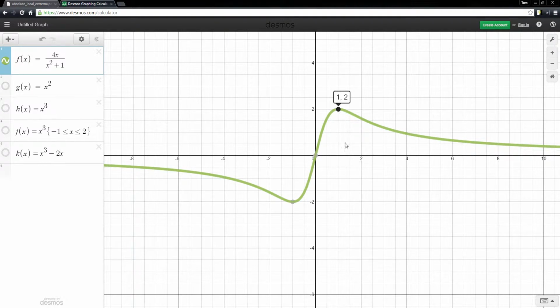And then the absolute minimum is down here, of all the points on the graph on the entire number line. This is the one with the smallest y value, and that is -2. It's the lowest point on the graph, so its y value is called the absolute minimum. So that's it on this one.